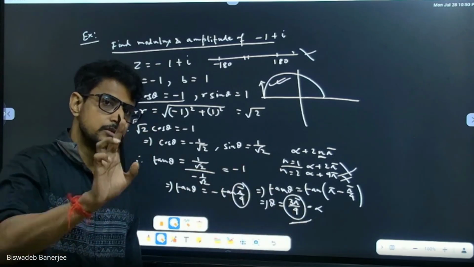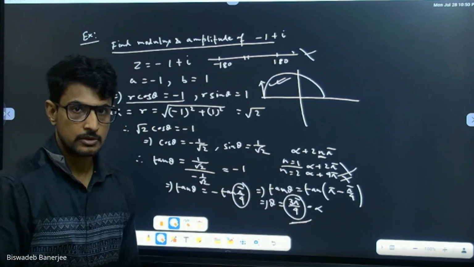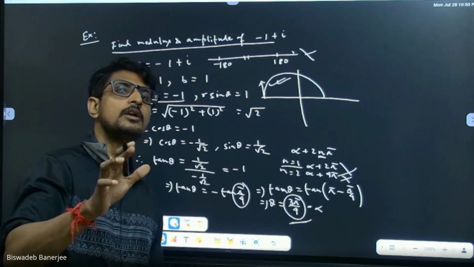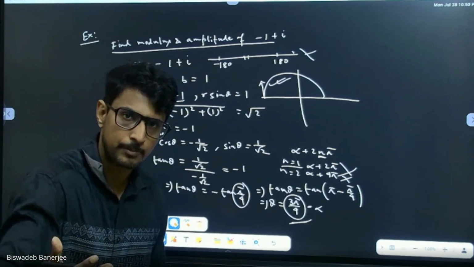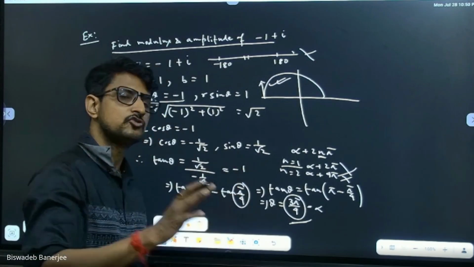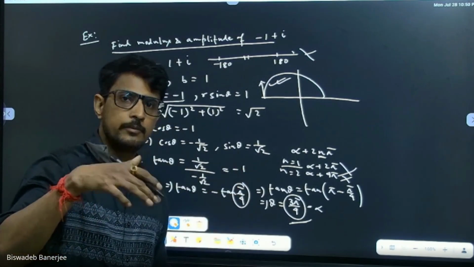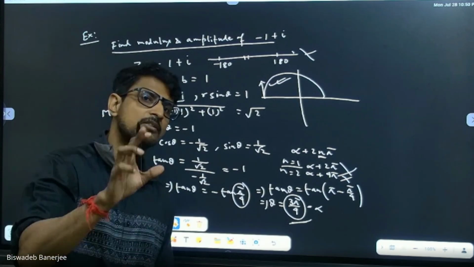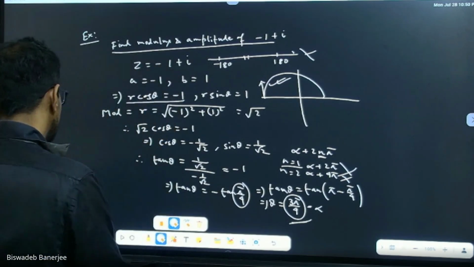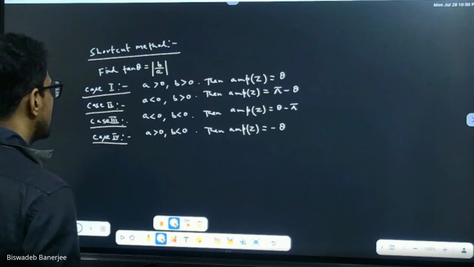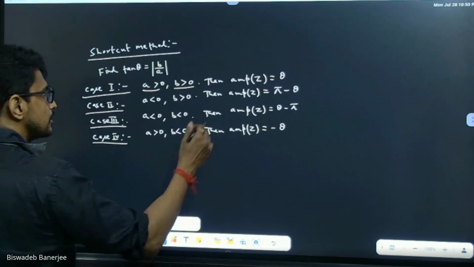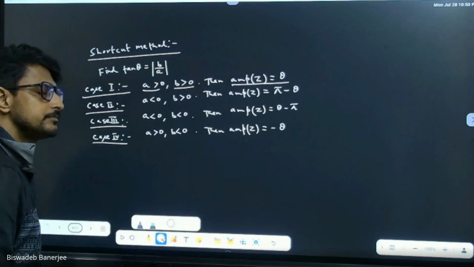Now there is a shortcut technique of finding amplitude. It is only for competitive exam purpose. Please don't apply this shortcut technique in university exam questions, because in that case your marks will be deducted. Suppose A is greater than 0, B is greater than 0, then my amplitude will be theta.